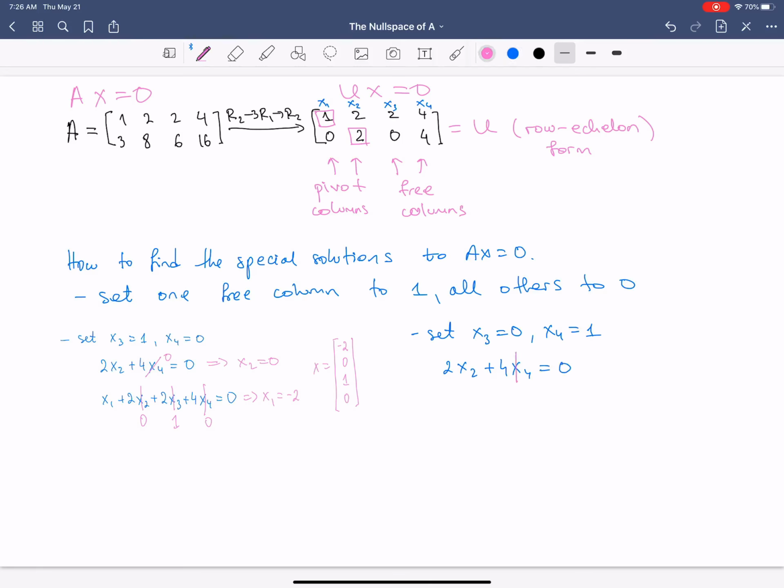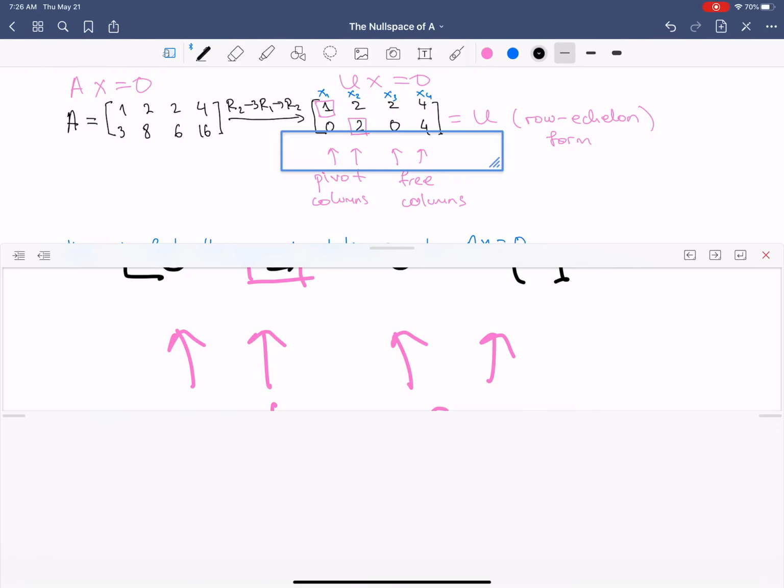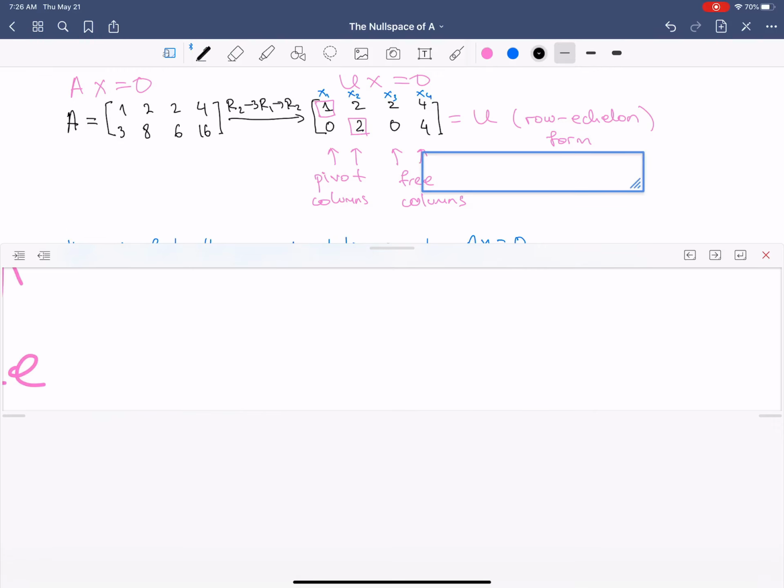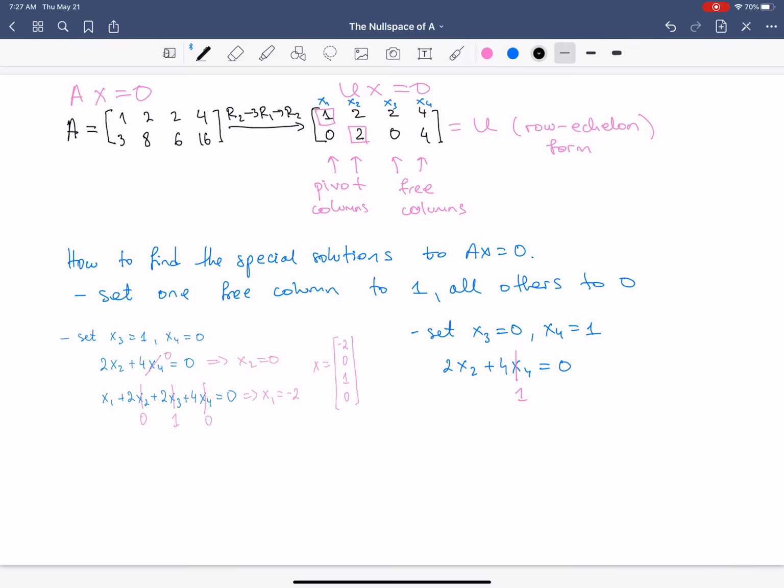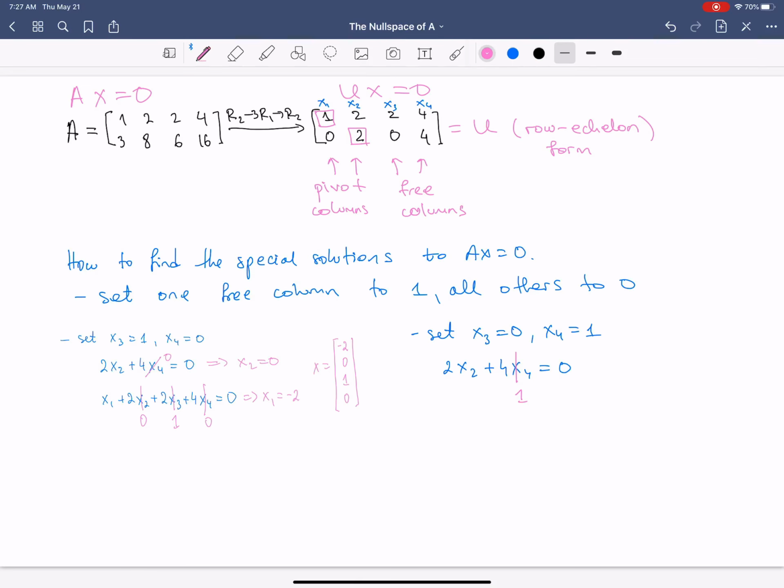Now x4 is 1, so what we have here is 2x2 plus 4 is 0, therefore x2 equals a negative 2.